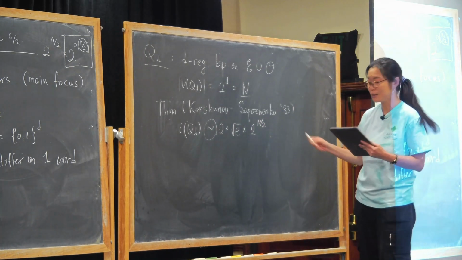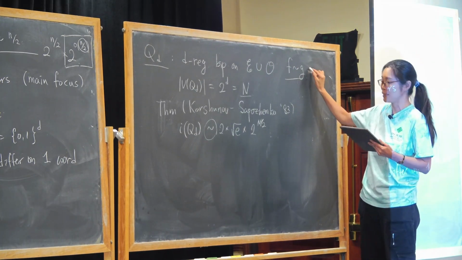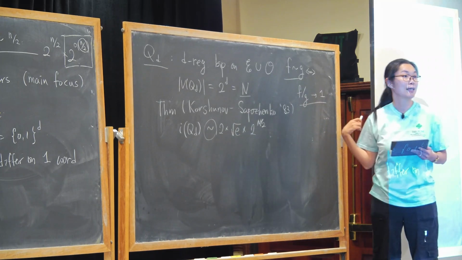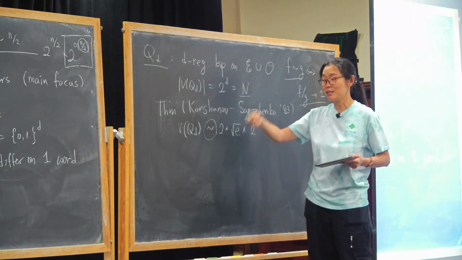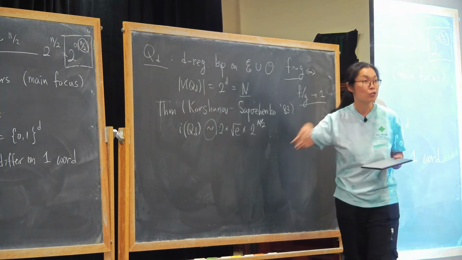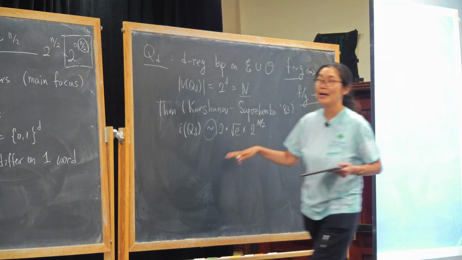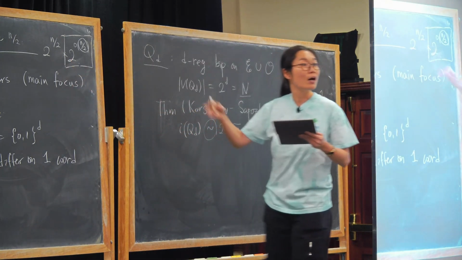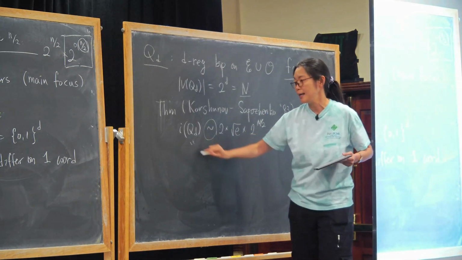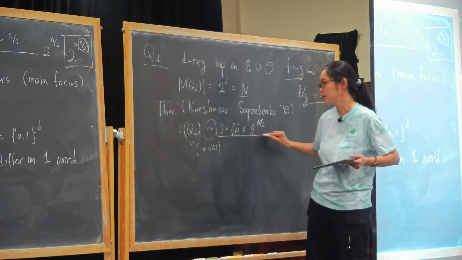We use this symbol if and only if their ratio tends to 1 as d tends to infinity. So if d is large enough, then the ratio of this number and this number tends to 1. So you see that this is much sharper asymptotics than this estimate, because there is no multiplicative error term. It just says that this number is 1 plus little o of 1 times this number.